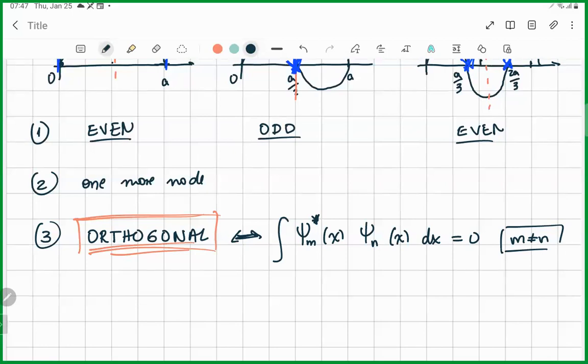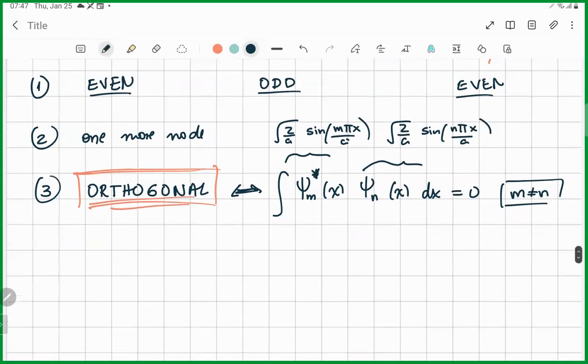Well, so let's pick our wave function, now the solutions that we had. For this one, we have the square root of 2 over a, now the sine of m pi x over a. For this other one, we have again that square root, and now sine of n pi x over a. All right, so let me rewrite this integral.